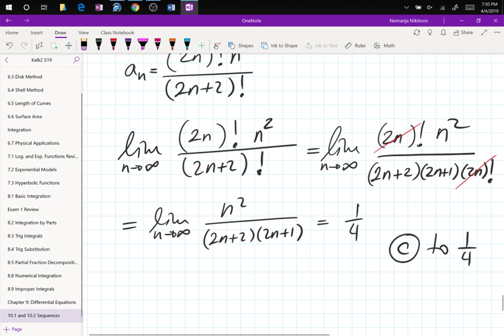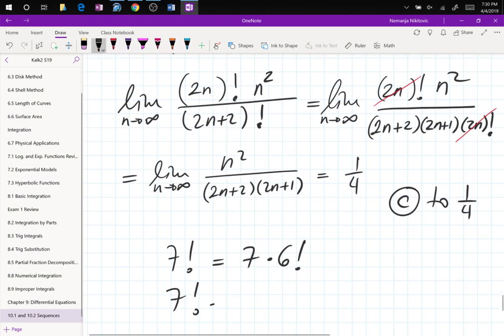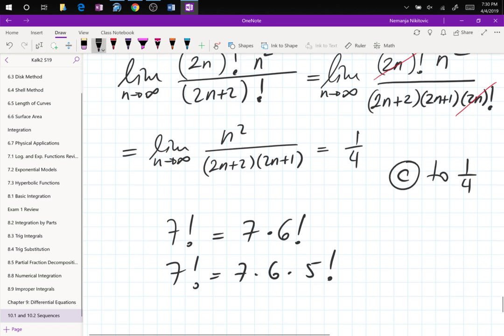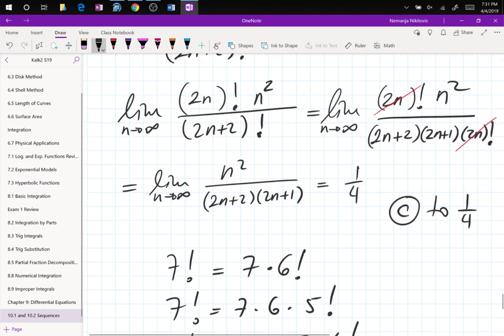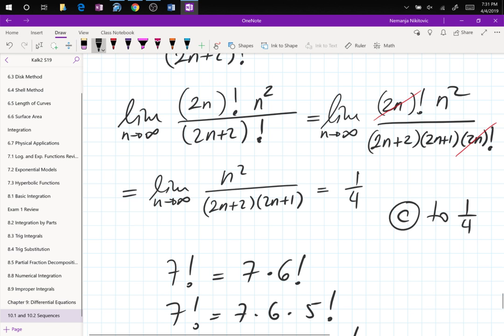As I said earlier, 7 factorial is 7 times 6 factorial, but you can also write 7 factorial as 7 times 6 times 5 factorial if I need to peel off 2. 7 factorial is 7 times 6 times 5 times 4 factorial if I need to peel off 3. So we peel off as much as we need. I had to peel off these 2 terms in order for 2n factorial and 2n factorial to be the same, so I can cancel them.